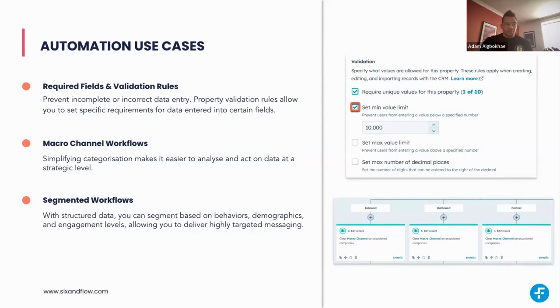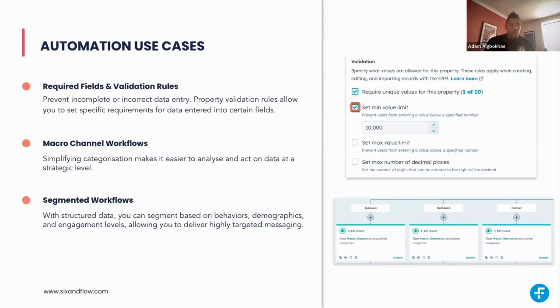The next thing I would say is macro channel workflows. What we mean by this is anybody who's ever looked at the original source fields in HubSpot realizes they're a bit of a dumping ground for every bit of data you could think of. And it can become really confusing when you're trying to figure out where this all fits together.